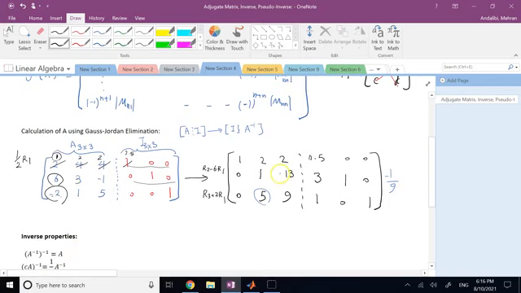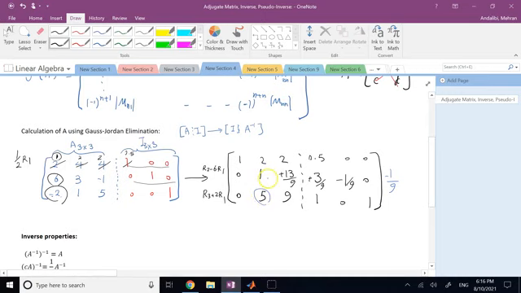It was negative 13. You divide it by negative 9, you get positive 13 over 9. This one, that was a negative 3, will be converted to a positive 3 over 9. And this one is going to be negative 1 over 9, correct?